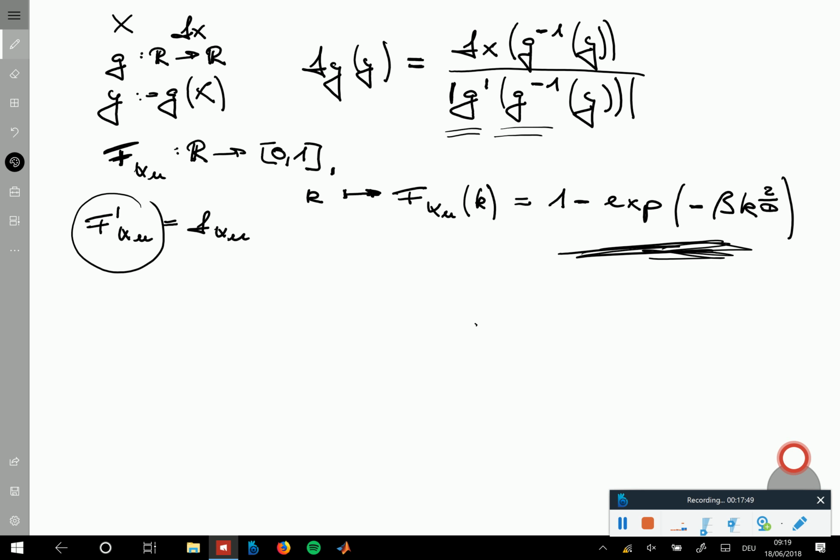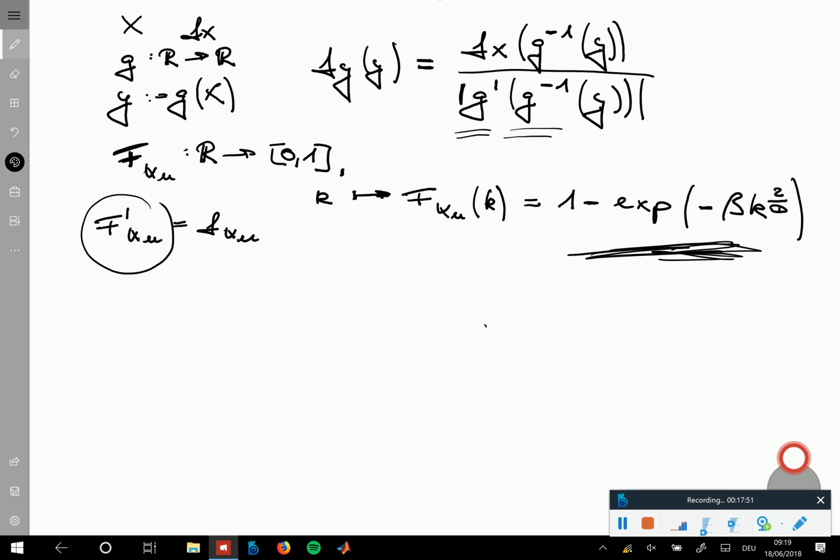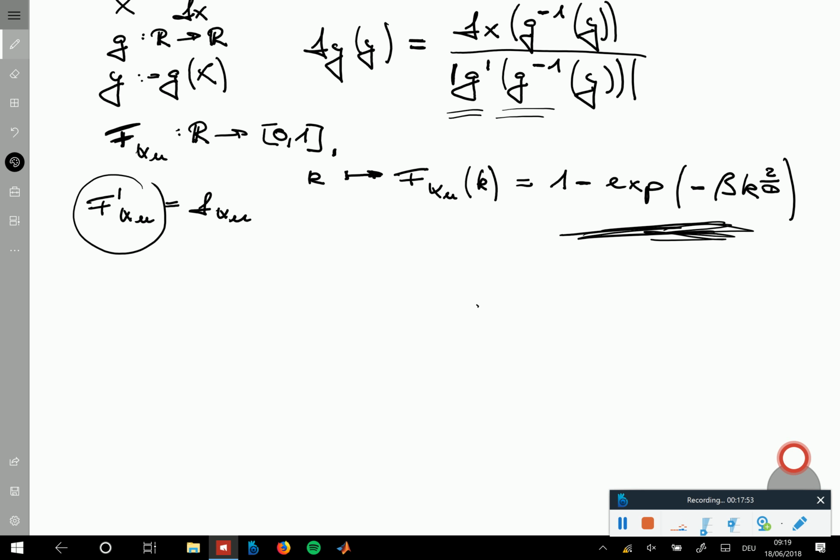And because the cumulative density function corresponds to, so let me write this up once again, because we need it all the time: F_KU is the probability that KU is smaller than k.